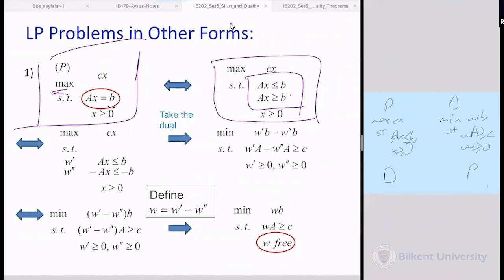Now, I need canonical form, so let me write the canonical form here. Maximize Cx subject to Ax less than or equal to b, x non-negative. I require this format, so I don't want this. I have to convert this, multiply everything with -1. This is what happens.